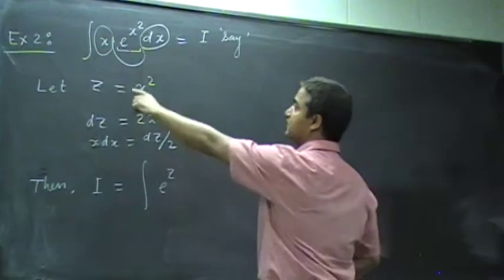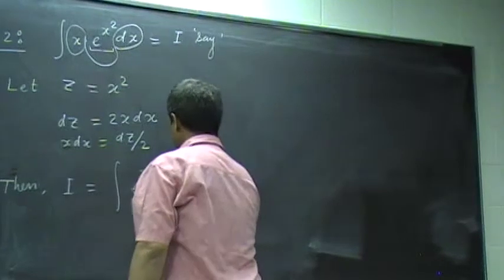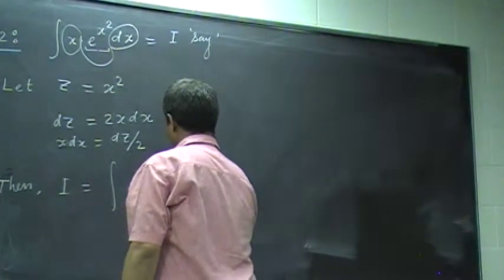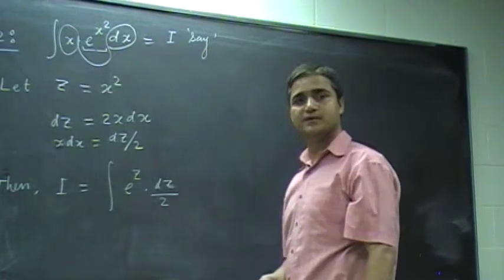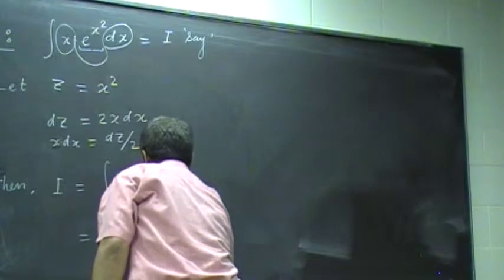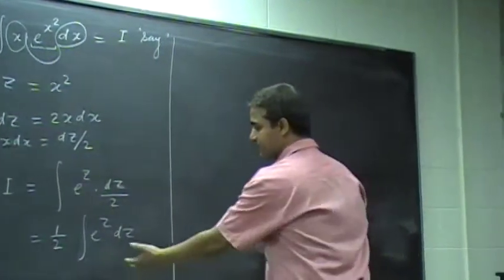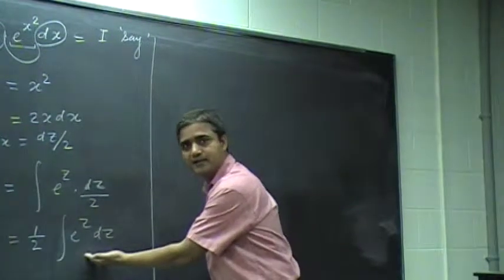So we can write x dx in terms of z as dz over 2. You see my point? Okay, let me pull the constant out. We are left with e to the z dz. This is readily integrable, right?